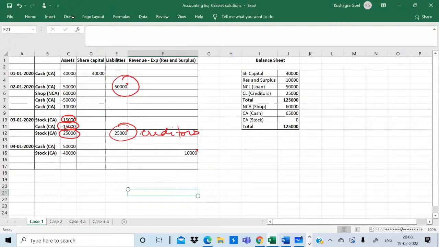So this was a liability for a loan. The other one is a liability for a creditor or a supplier. So my asset side will go up by 25,000. Liabilities will go up by 25,000. Again, my accounting equation will tally. Any questions with respect to 3rd of Jan before we move to 4th Jan?